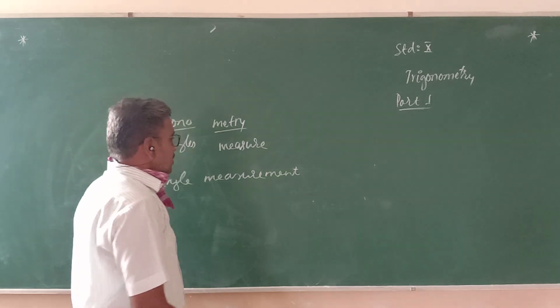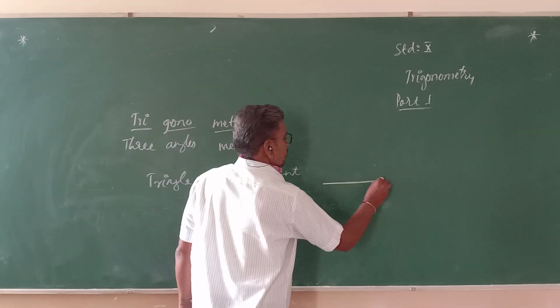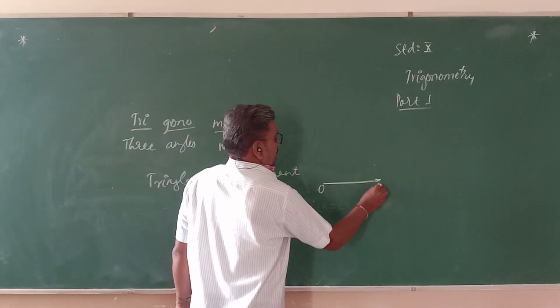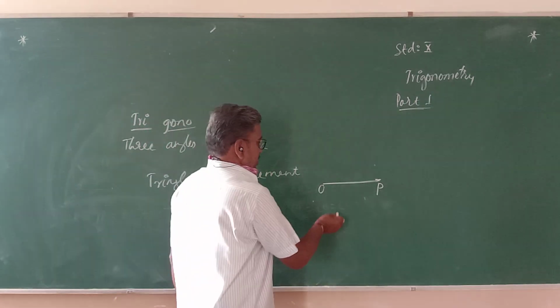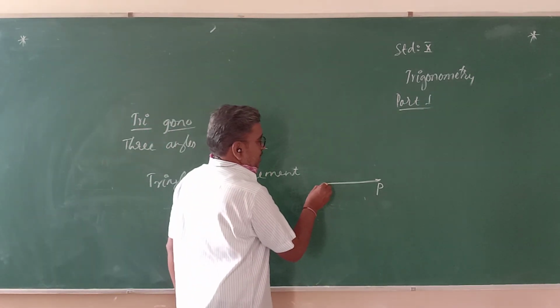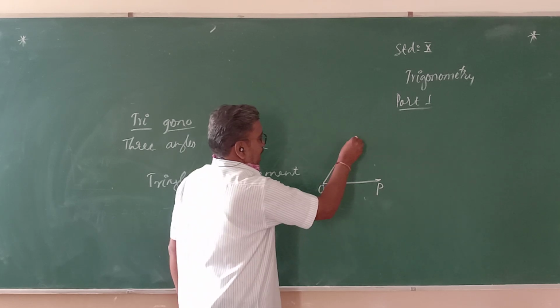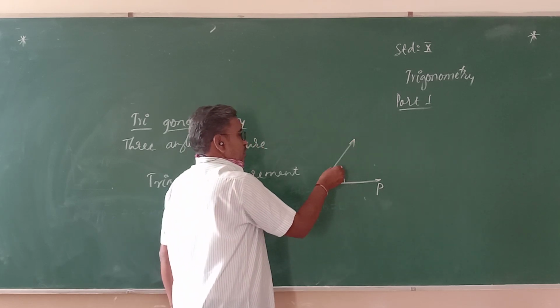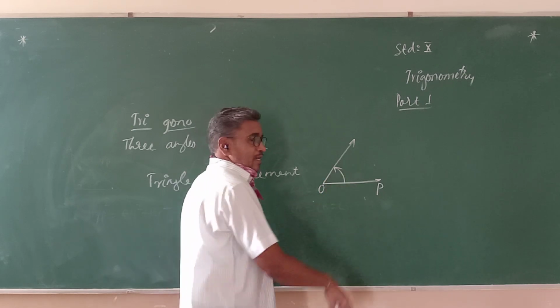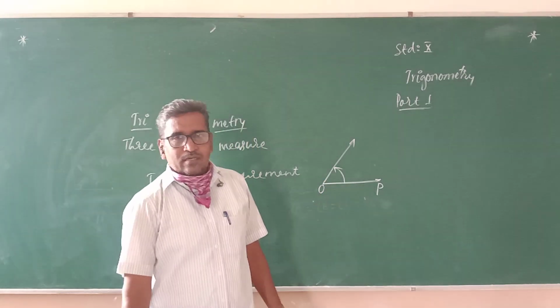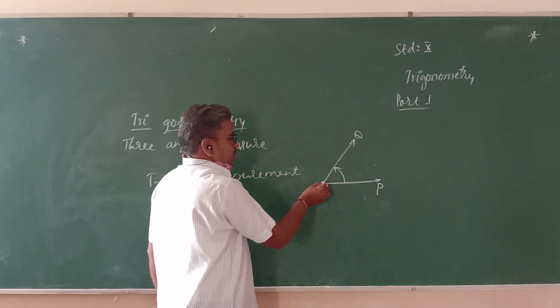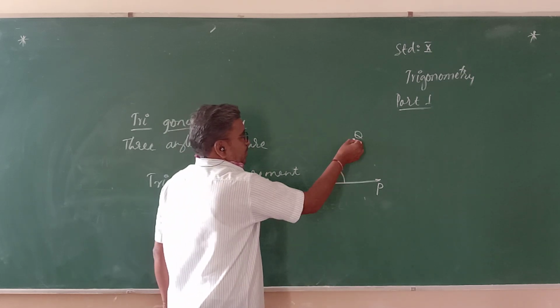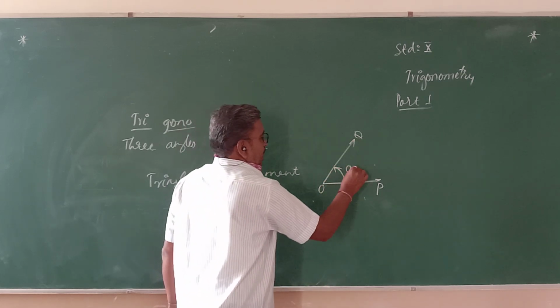So how are the angles formed? Now OP is a ray. When OP rotates, there is an angle, in the anti-clockwise direction. OQ is another ray. The distance between OP and OQ is said to be an angle.